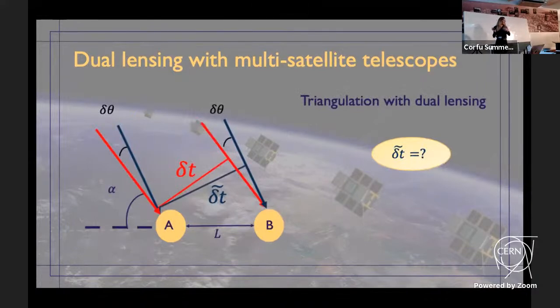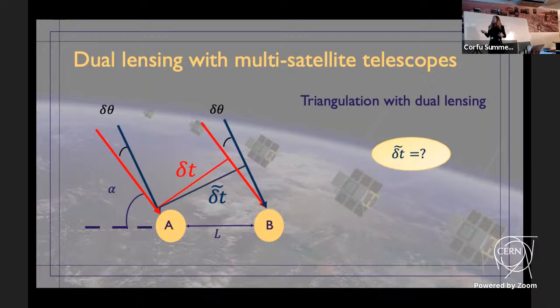When dual lensing is involved, instead, what we expect is that soft photons and hard photons belong to different wavefronts. They propagate with different directions, since they come with different angles, and so the time needed to go from one satellite to the other will depend on this direction and will in principle be different.